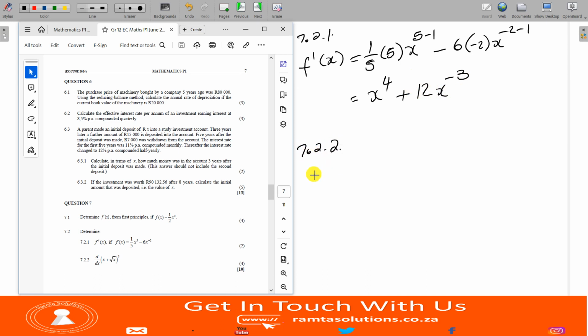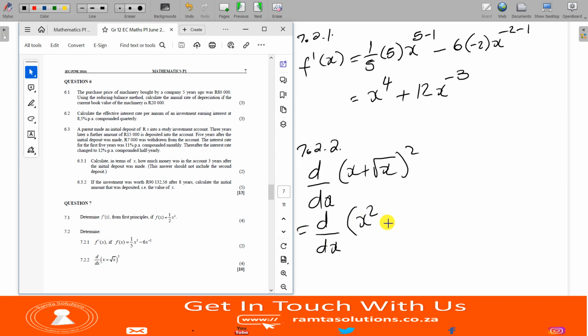7.2.2. You are given d/dx of x plus root x, squared. You need to simplify what's inside the bracket first before you differentiate. So it'll be x squared plus 2x root x plus x.